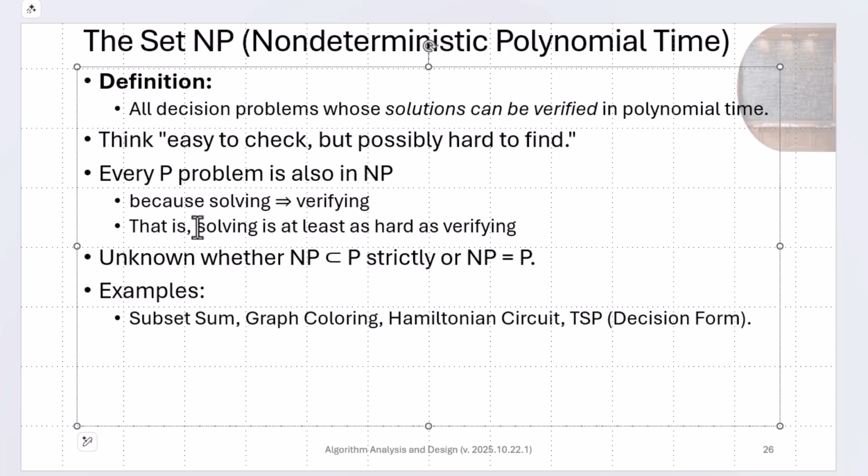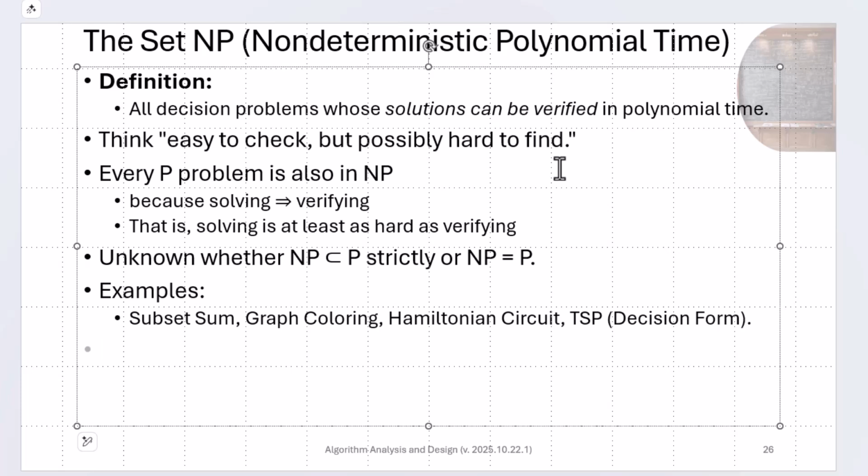But there are some things like Hamiltonian circuit, which are intractable. They're not solvable in polynomial time, but they are verifiable in polynomial time. If I give you just a set of nodes in a particular order in a graph and say, is this a Hamiltonian circuit? You can go through them and verify it's a Hamiltonian circuit in polynomial time. But actually finding the Hamiltonian circuit, you can't.